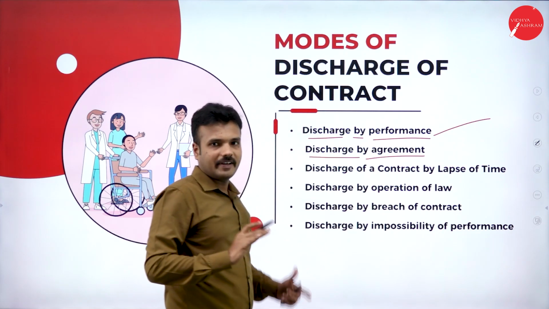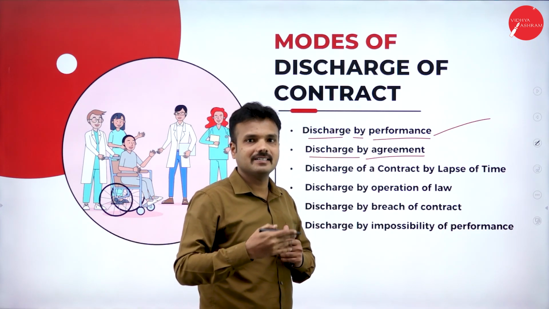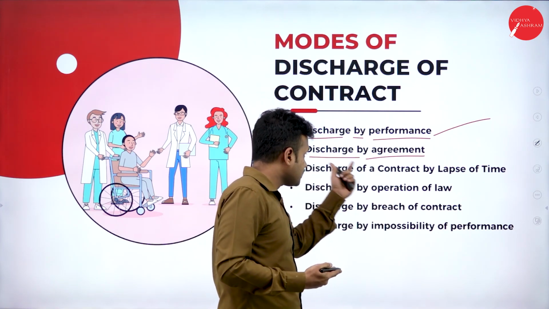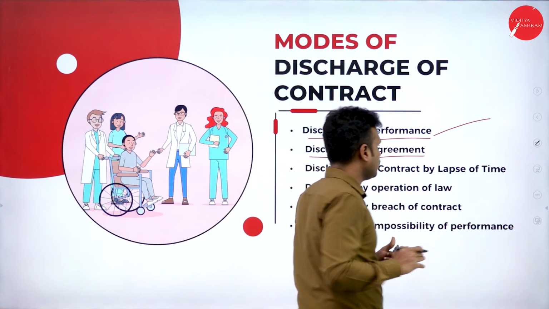Very simple. Everything that happens in a contract is a mutual agreement between 2 parties. But when it comes to discharge by agreement, I will explain by giving a beautiful example.